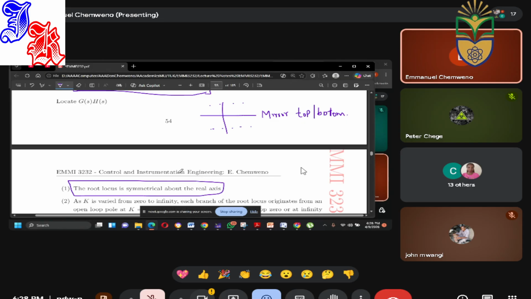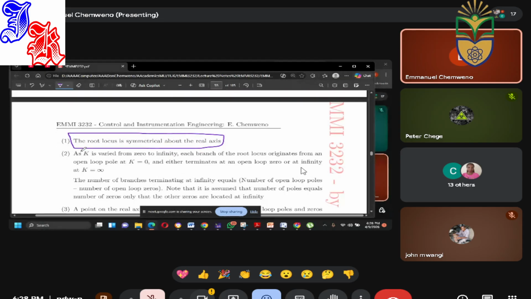Number two, as you increase the gain from 0 to infinity, the locus starts from open loop poles and terminates either at a 0 or infinity.